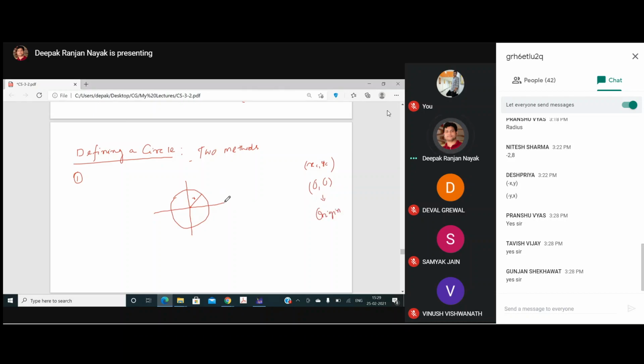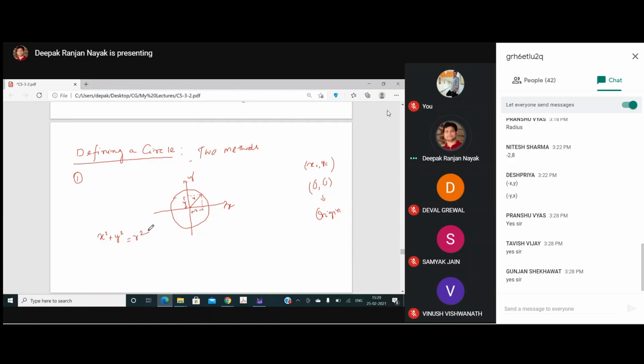This is x, this is y. So the equation will be x square plus y square is equal to r square.